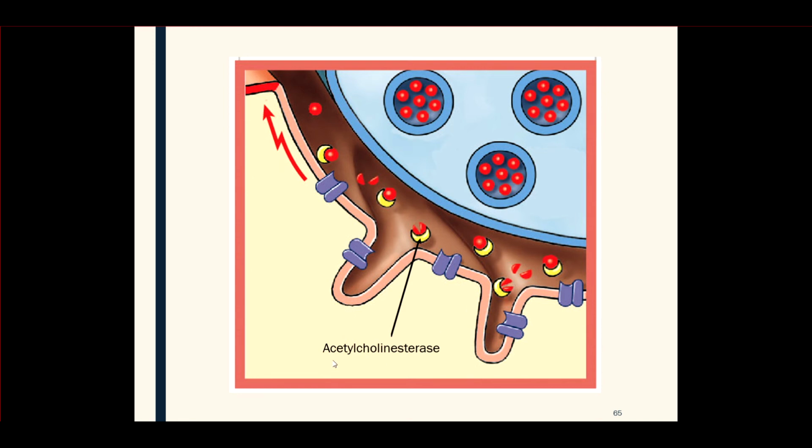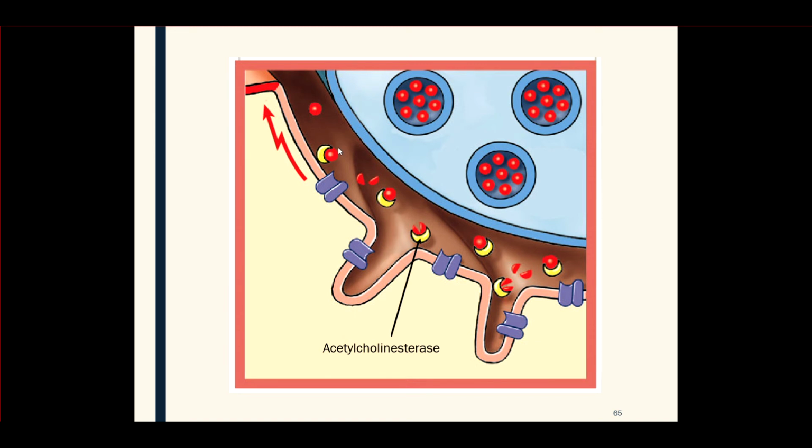The name of this enzyme is acetylcholinesterase. A lot of times we just say cholinesterase. This yellow crescent-shaped structure will break down any of the remaining acetylcholine. And now you can see the action potential is traveling along the muscle to stimulate the muscle to contract.